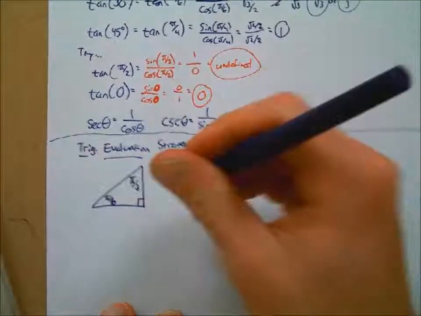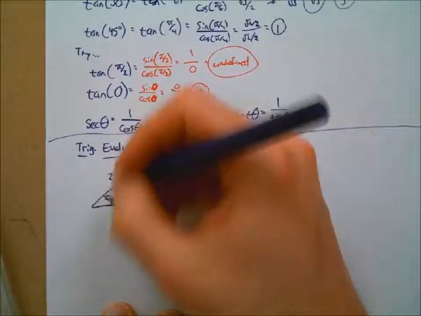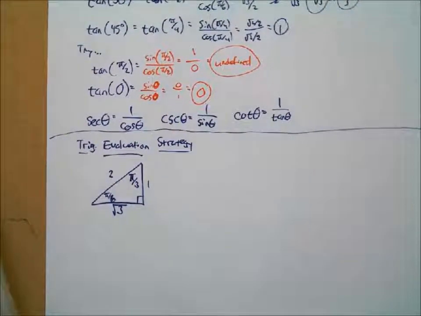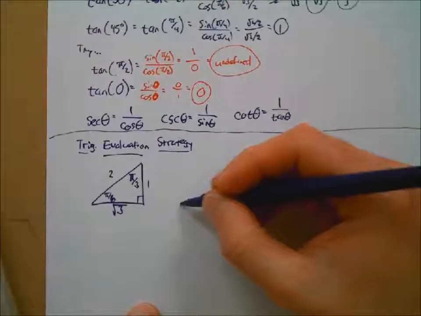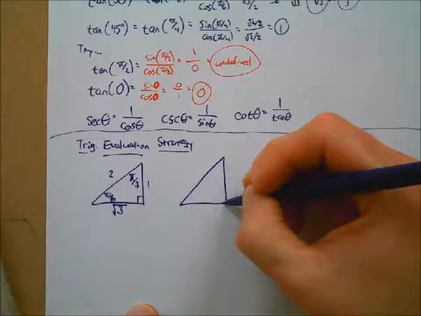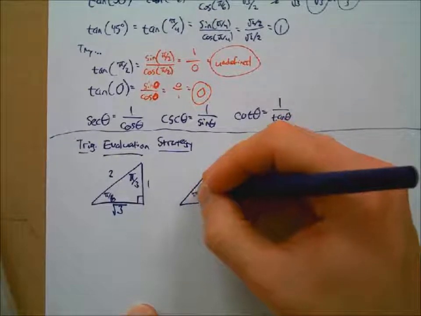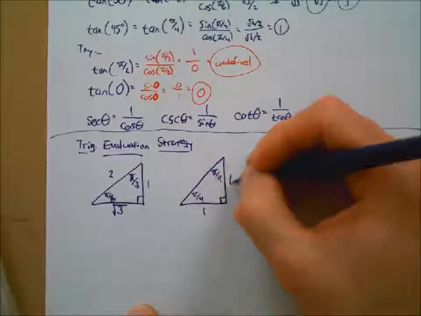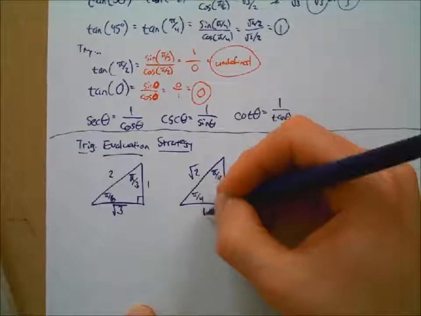And then you have to memorize the sides that correspond to it: 1, 2, and root 3. And then you also have to remember the 45, 45, 90, or as I'm going to call it, the pi over 4, 90. The legs here are 1, 1, and the hypotenuse is root 2.